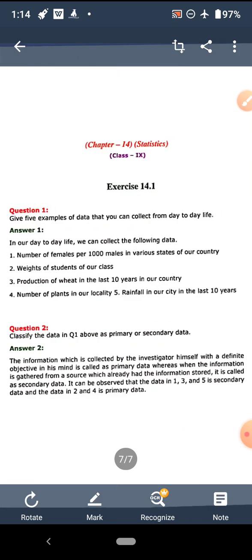Now let us do the exercise 14.1. Question number 1, give 5 examples of data that you can collect from day to day life.